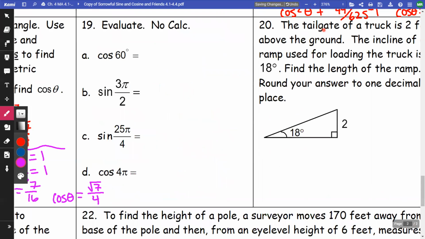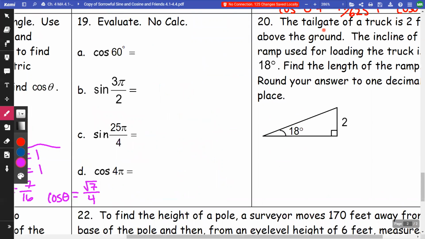On 19, we're going to evaluate these. I'm just going to draw a unit circle here to use.